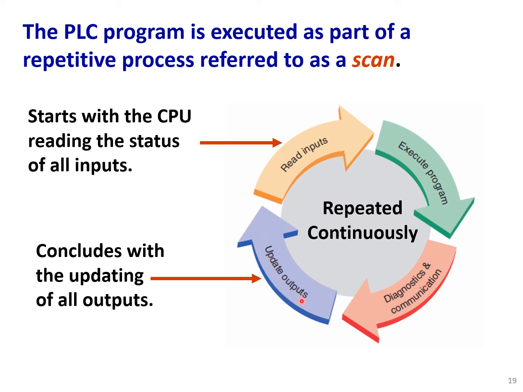And then finally, we have update outputs. We send output to the output field devices. So it concludes with the updating of all outputs. It's very important to understand this scan process in our troubleshooting and writing PLC programs.